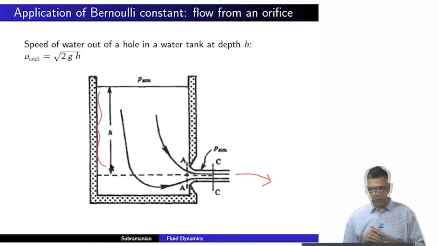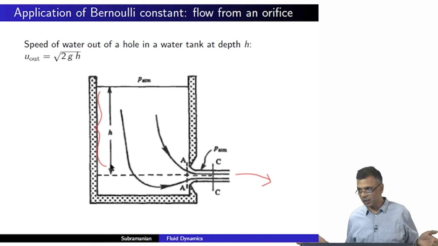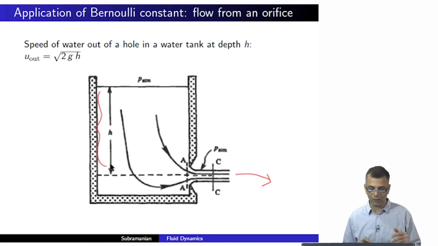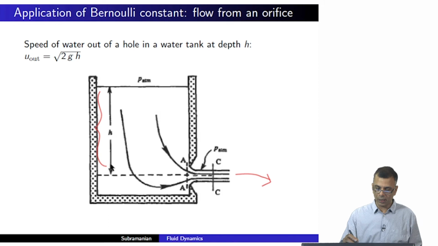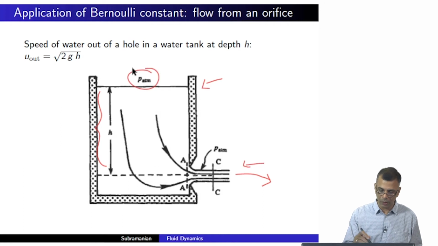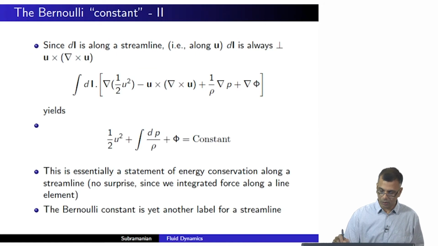Okay, so it turns out that you can solve this problem quite simply. The assumption is that the container is so small, as pretty much any container in real life is, that there is really no difference in pressure between the top of the container and the orifice. So it's P atmospheric here as well as here. Therefore, this term does not matter anymore.